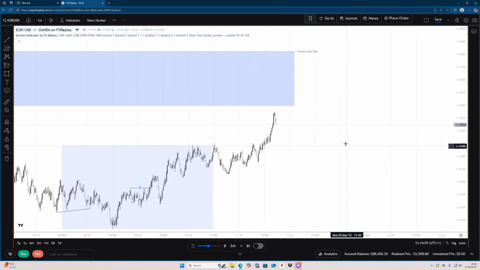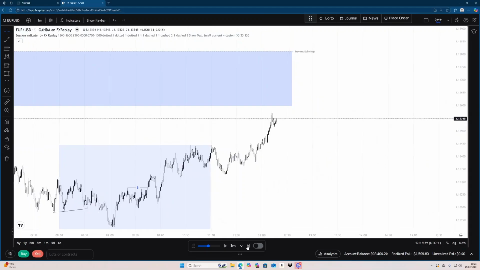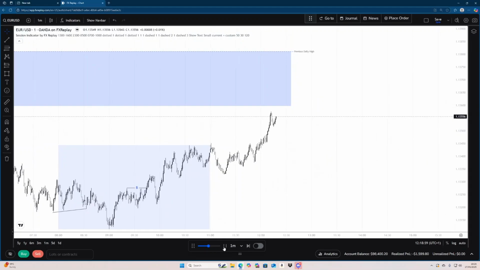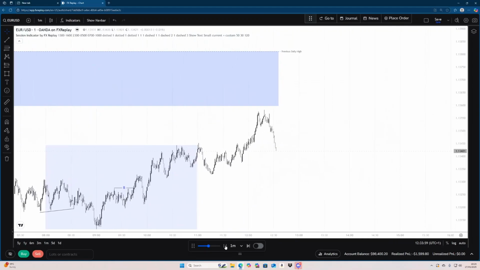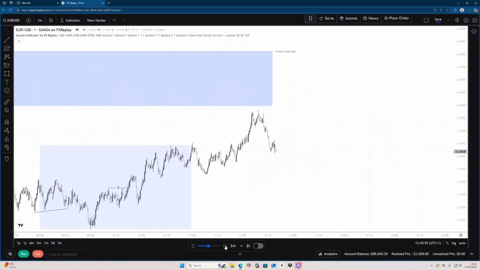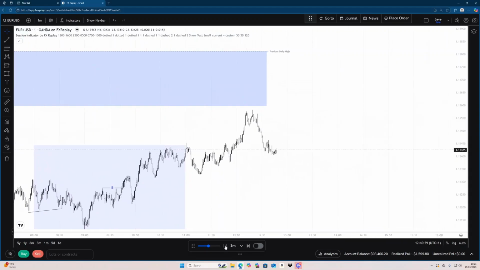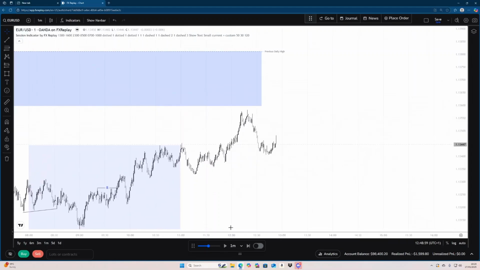Okay, let's see. It looks like a complex pullback for me, to take these out. It did have an inducement and break of structure, but it's just intrasession, and this could just be a pullback, like I said. Are we in New York now?